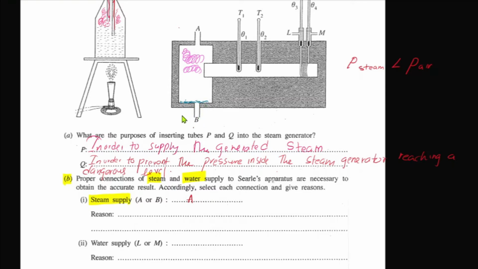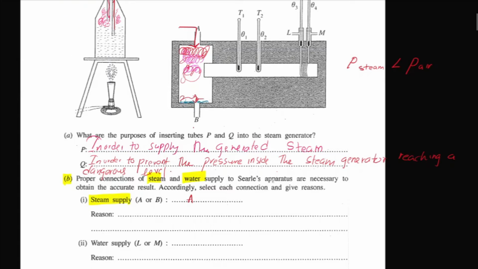This condensation and blocking of the entrance B will not make a big effect if you send the steam from the top, because it will completely fill the steam chamber and only then reach this point, right?